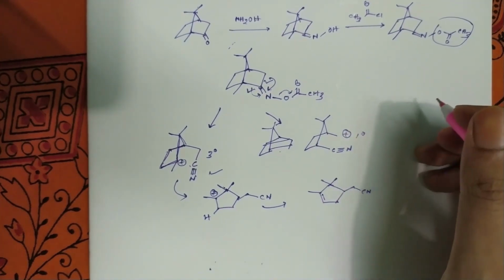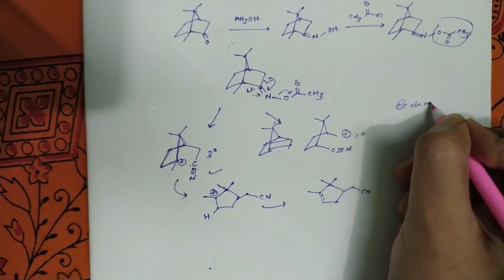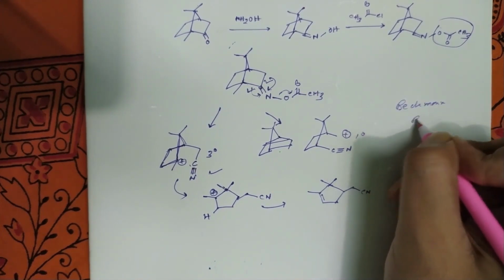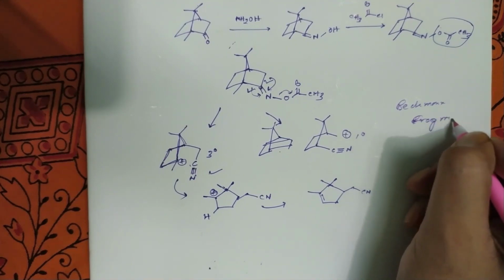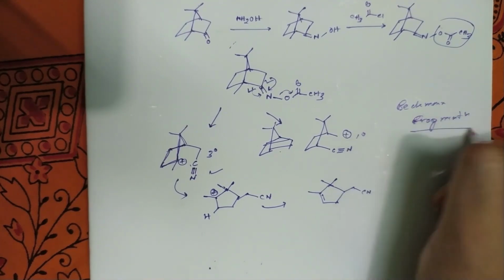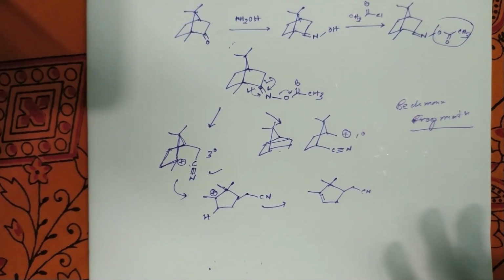So this is our product. This reaction is called Beckmann fragmentation. It is not very different from the Beckmann rearrangement. Just here, during the rearrangement a C-C bond cleaves, which is why it is called Beckmann fragmentation.